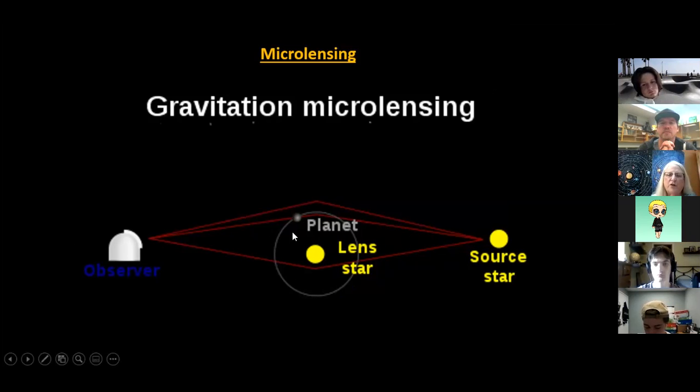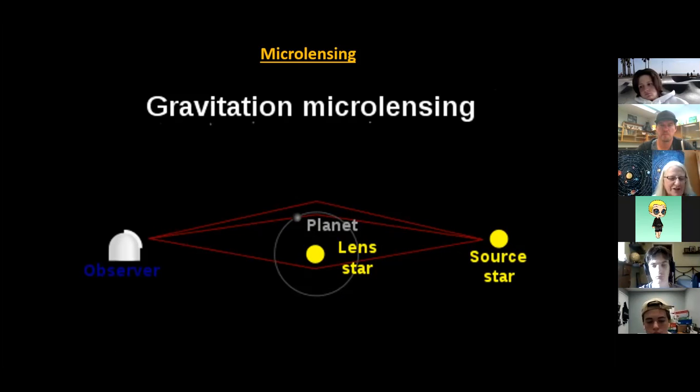This foreground star will act as a lens for the light coming off of this background star, and it will bend the light a bit. And if that star has a planet, there'll also be a very small microlensing event as this far star's light passes by that planet.